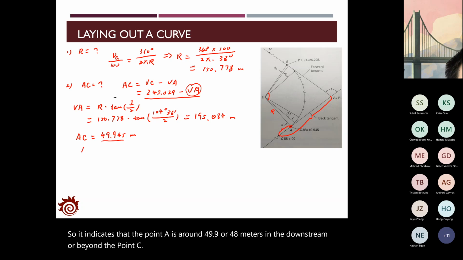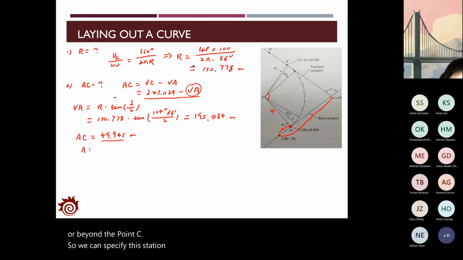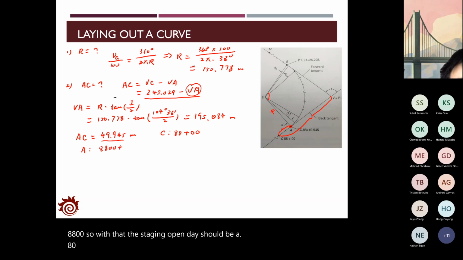So we can specify the station of point A from the station of point C. The station of point C is 88+00. So with that, the station of point A should be 8800 plus 49.945, that is 8849.945.